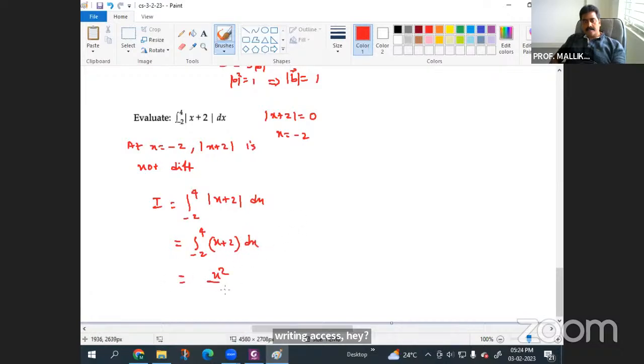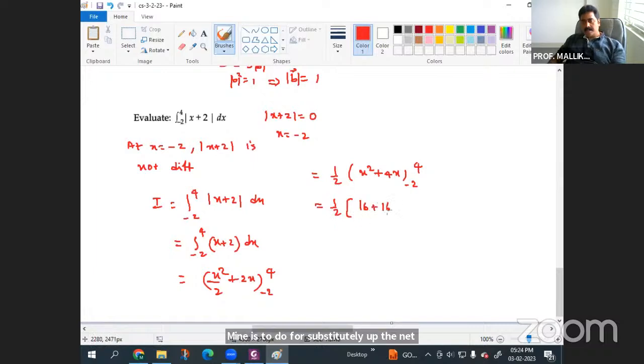Integrate: x square by 2 plus 2x, from minus 2 to 4. Do the LCM and take it outside: 1 by 2 of x square plus 4x, from minus 2 to 4. Substitute the upper limit: 16 plus 16. Substitute the lower limit: 4 minus 8. That equals 1 by 2 of 32, plus 4 minus 8 is minus 4, plus 4, 36 by 2. It is 18. That's all.